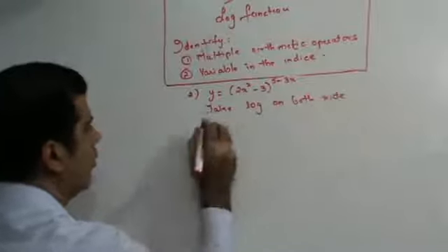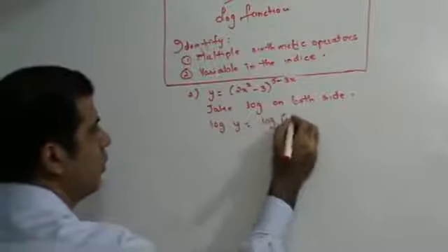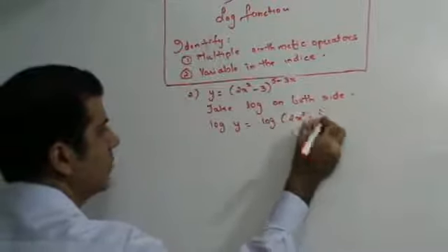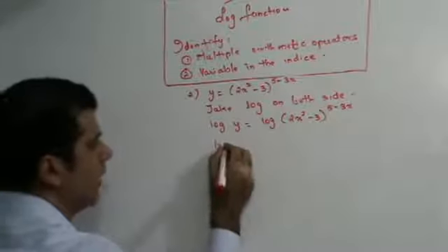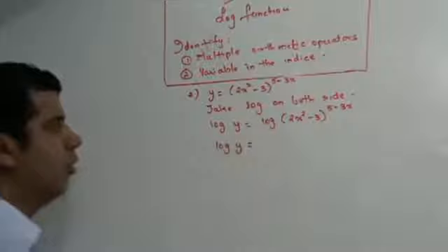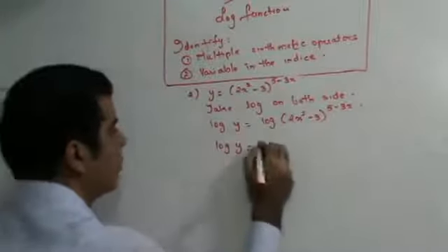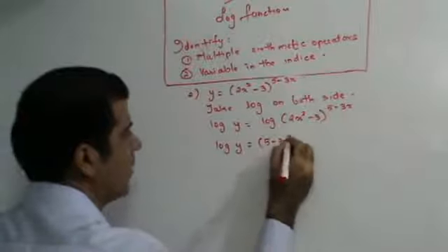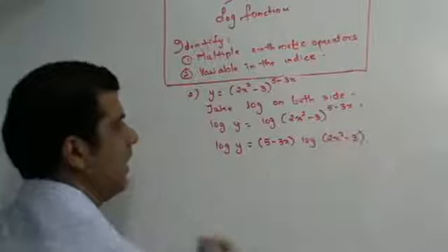If I take log on both sides, I will get log y is log (2x² − 3) raised to (5 − 3x). So you will get log y is equal to, whatever is the number in the indice comes before log. So this will be (5 − 3x) log (2x² − 3).